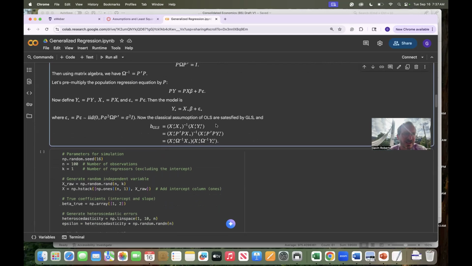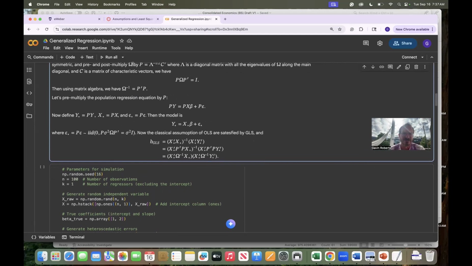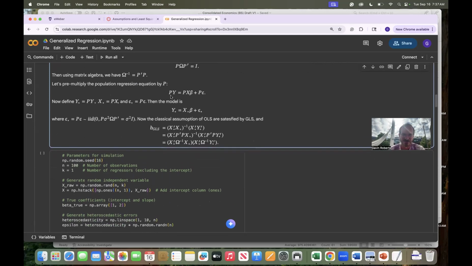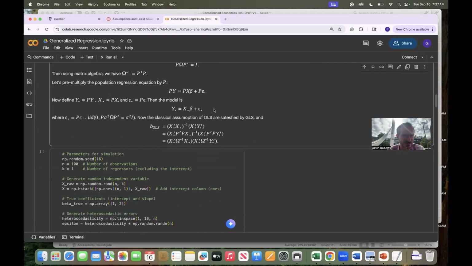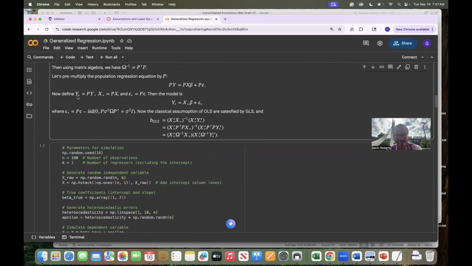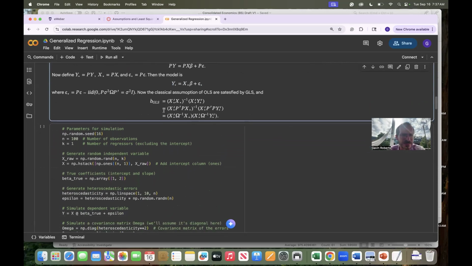And then we can pre-multiply the population regression equation by this specially defined P matrix, and we get this equation. All we've done is pre-multiply our linear regression model by P. And then we can redefine our variables and write it this way. And then we know that this E star happens to be distributed this way.